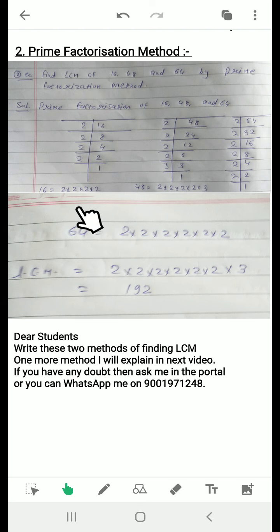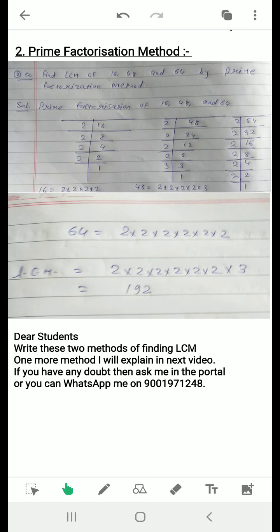Maximum means here 2 is coming for 4 times, here 2 is coming for 4 times, and in 64, 2 is coming for 6 times. So we will write 2 for 6 times. Okay. So I have written 2 for 6 times: 1, 2, 3, 4, 5, 6.